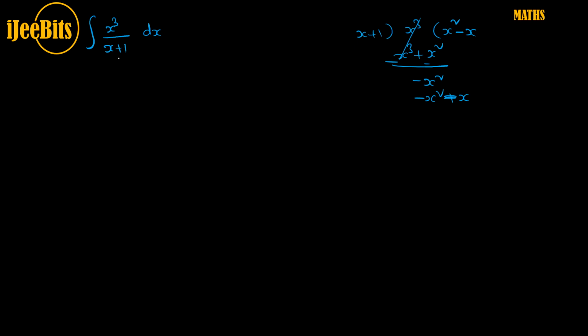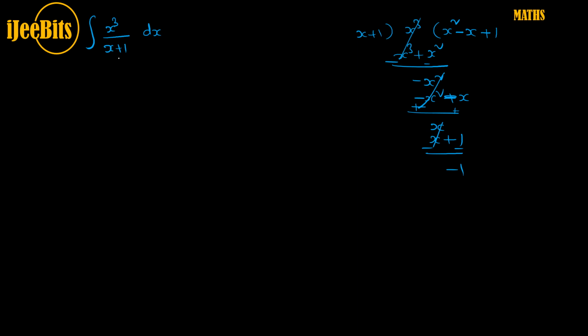Minus x. So again, apply subtraction, so signs will be opposite. This cuts, this becomes x. Now what you have to do? Plus 1, multiply with plus 1: 1 into x plus 1 into 1. Subtract, done. So minus 1.